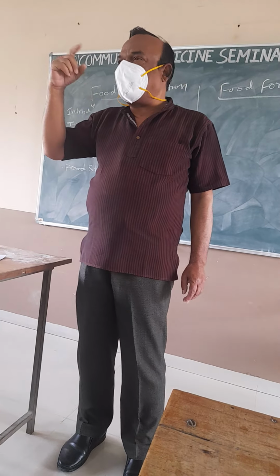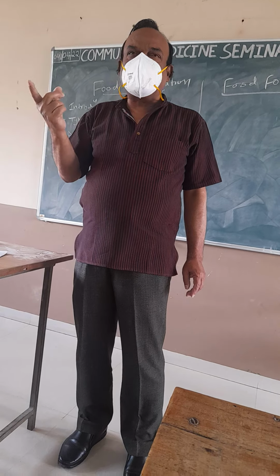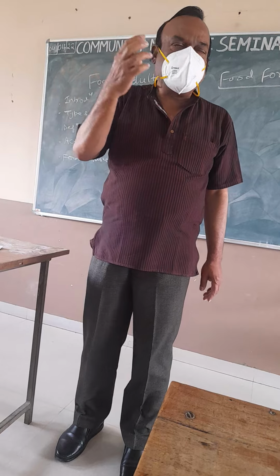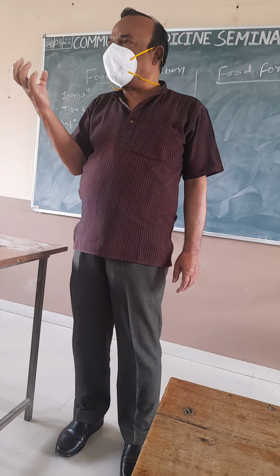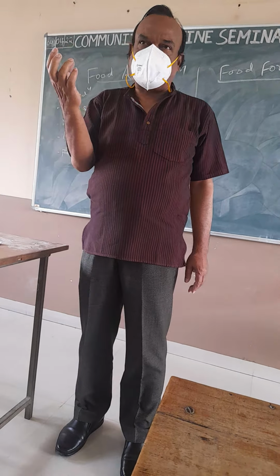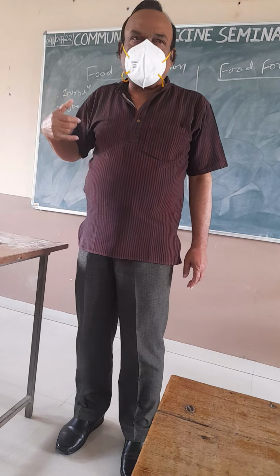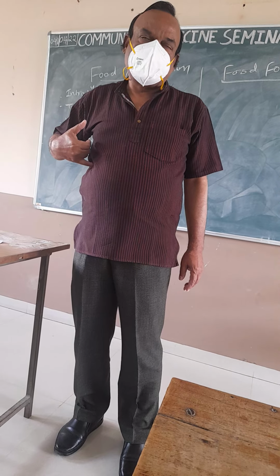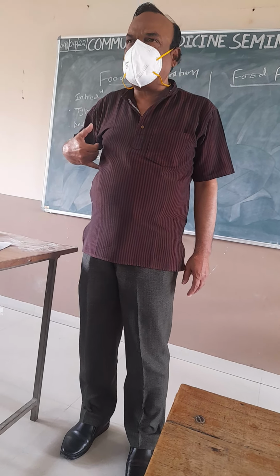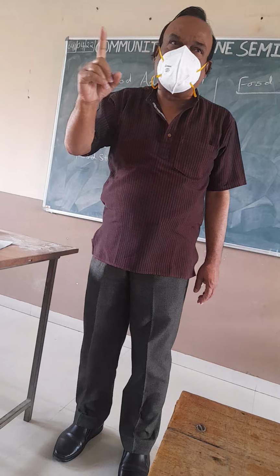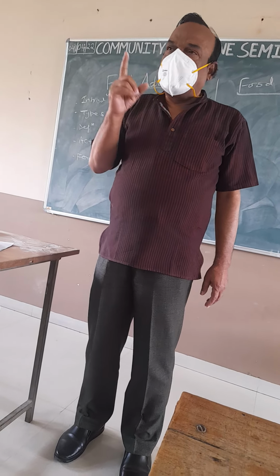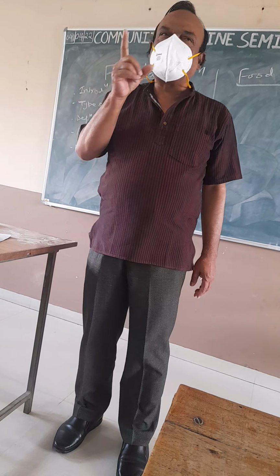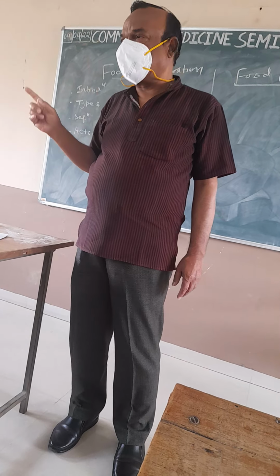But if they are consumed in excessive quantity, for example if somebody is consuming a lot of alcohol intentionally, it leads to cirrhosis of liver and CA liver. A lot of consumption of coffee means you will suffer from carcinoma of bladder. A lot of non-vegetarian food consumed means they are likely to get CA colon.